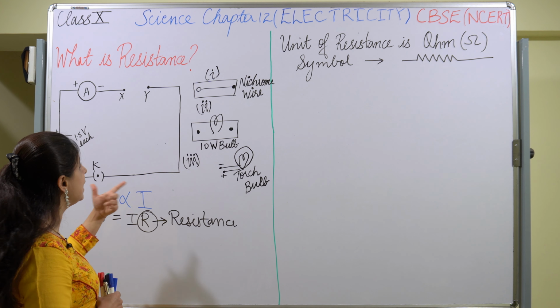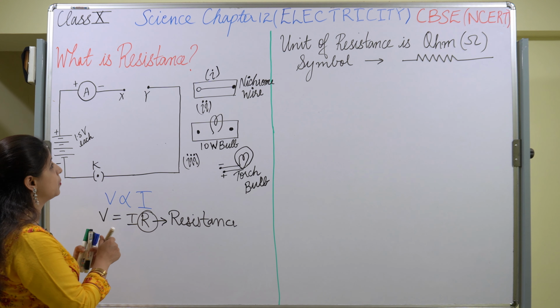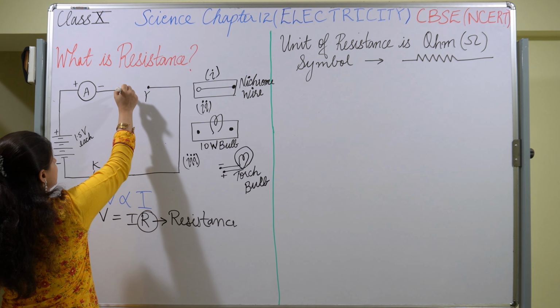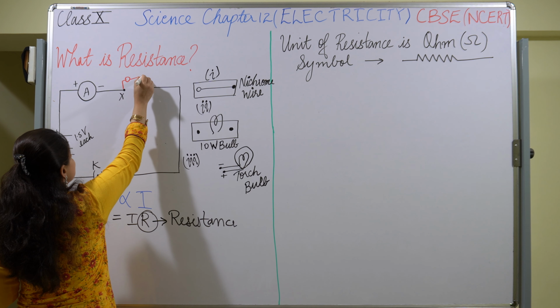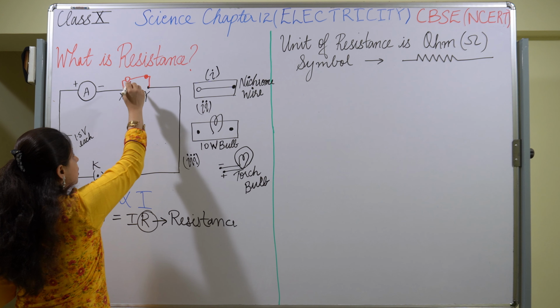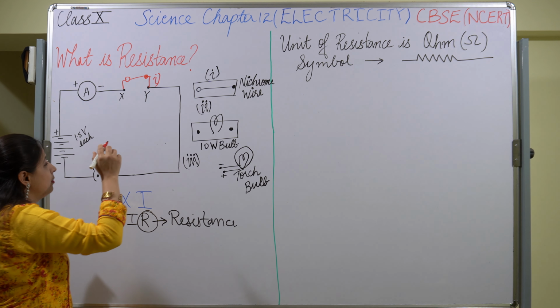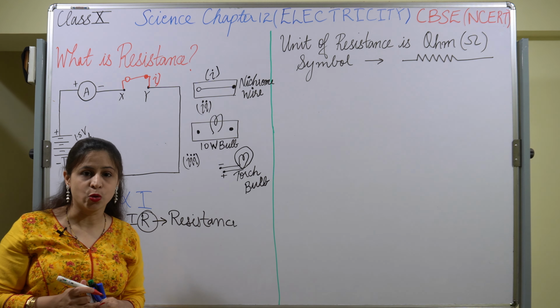In X and Y, we will put these 3 elements one by one. Firstly, the nichrome wire is placed and the circuit is connected, and the reading in the ammeter is noted.